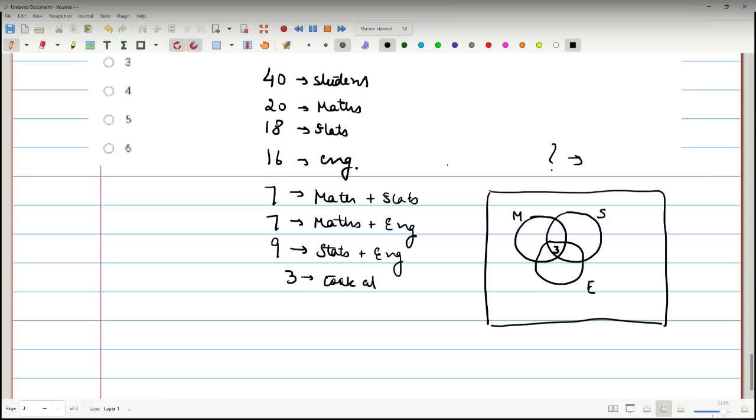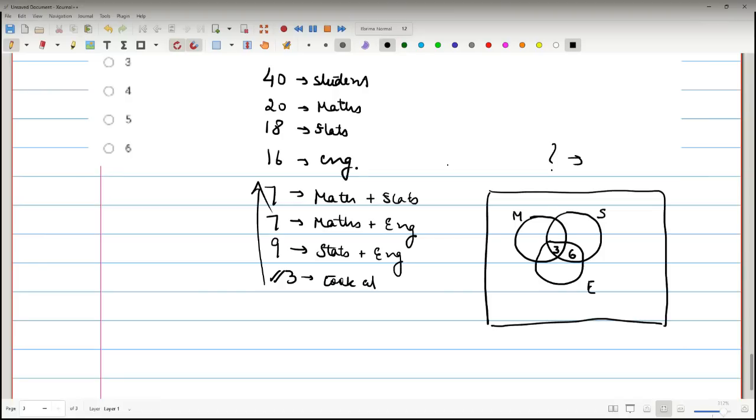Now let's see how many took stats and English. 9 took stats and English. I'm starting from the center, 3 we have considered. So 9 minus 3 is 6, because the 3 has already been considered.